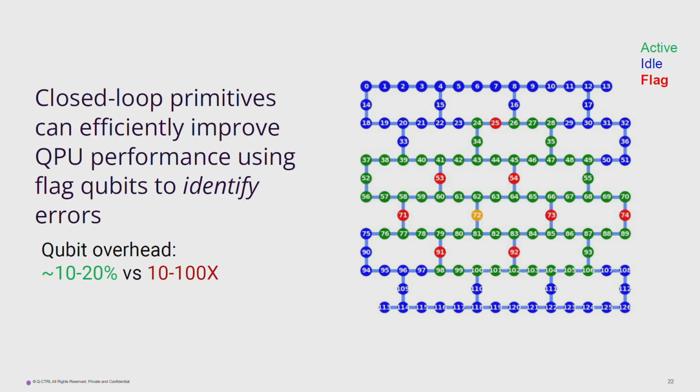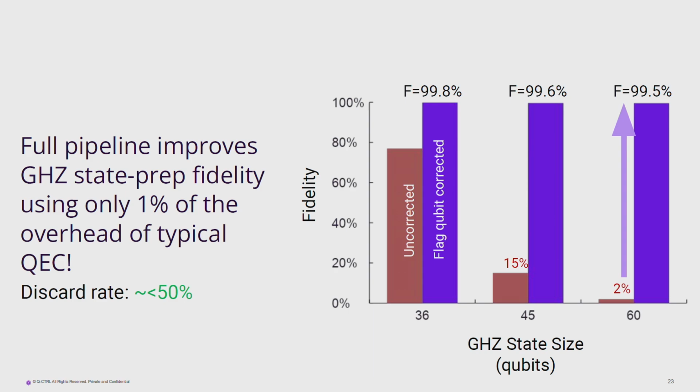And the red ones are some measurement qubits where we measure parity. I'm not going to go into the details, but the important thing is that by combining all those techniques, we can actually generate a GHZ state, or a highly entangled state, with, in this case, 60 qubits. Actually, we have more recent results of 75 qubits, which, from what I see, is the largest one in the literature.